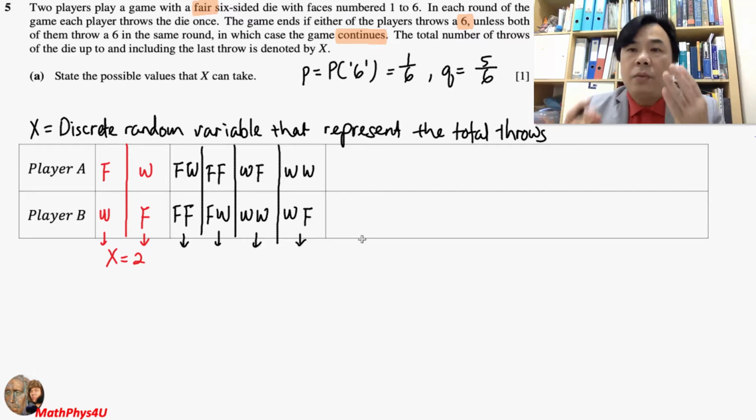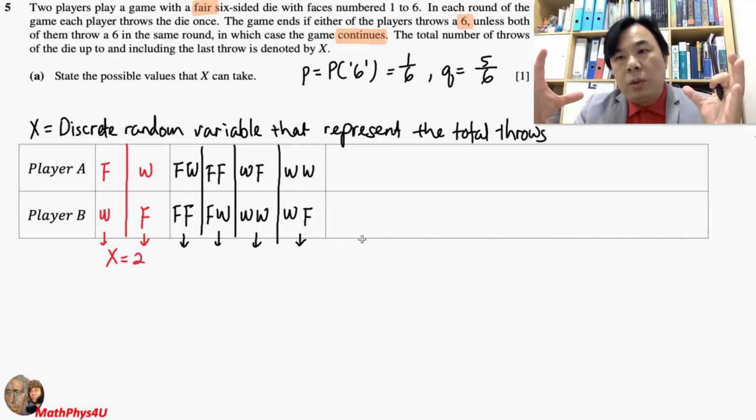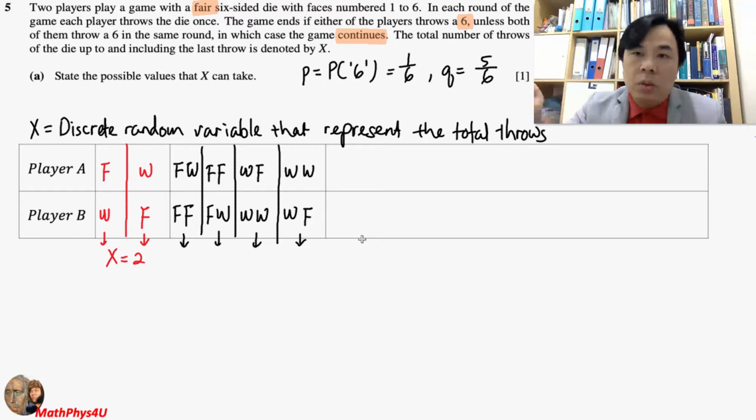So these are the 4 possibilities where the number of throws could be 4 times. They need to throw 4 times between the 2 players. Between the 2 players, the total number of throws is 4 to ensure a win in this case.